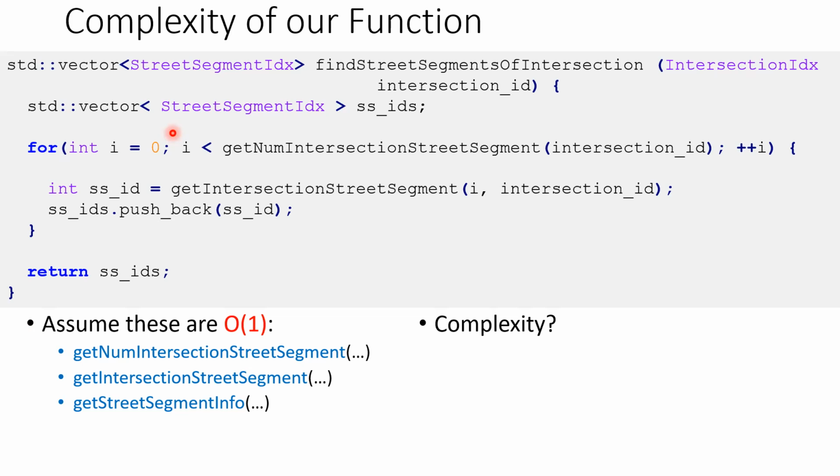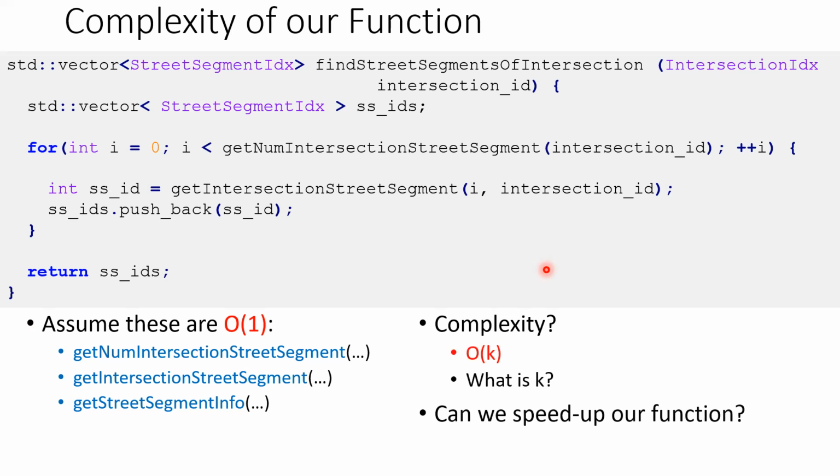So it is O(n), or rather O(k), where k is the number of street segments connected to the intersection.